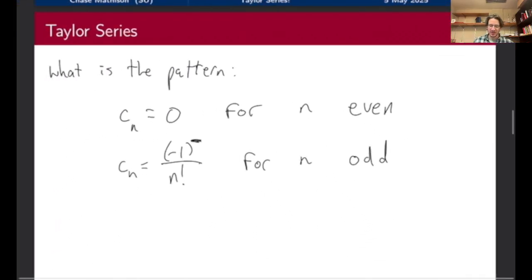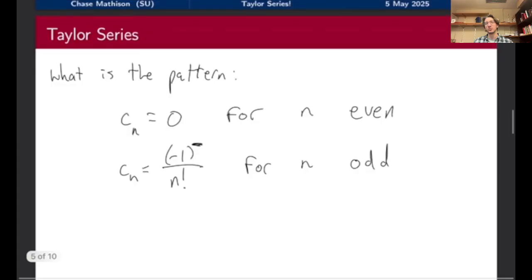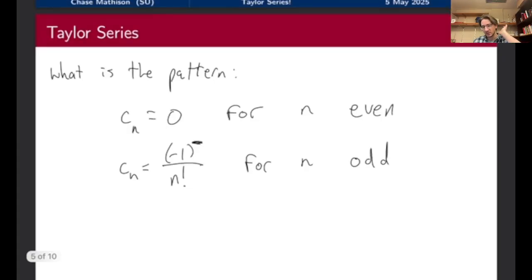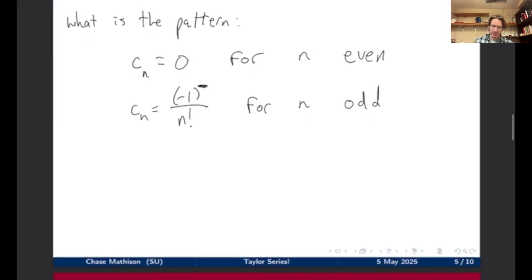When n is 7, we would get negative 1 over 7 factorial. Sorry. So an easier way to handle this is to ask, what does it mean for n to be odd, and what does it mean for n to be even? This tells me C sub 2n is 0. That's what it means to be an even integer, that you can write it as 2 times n.